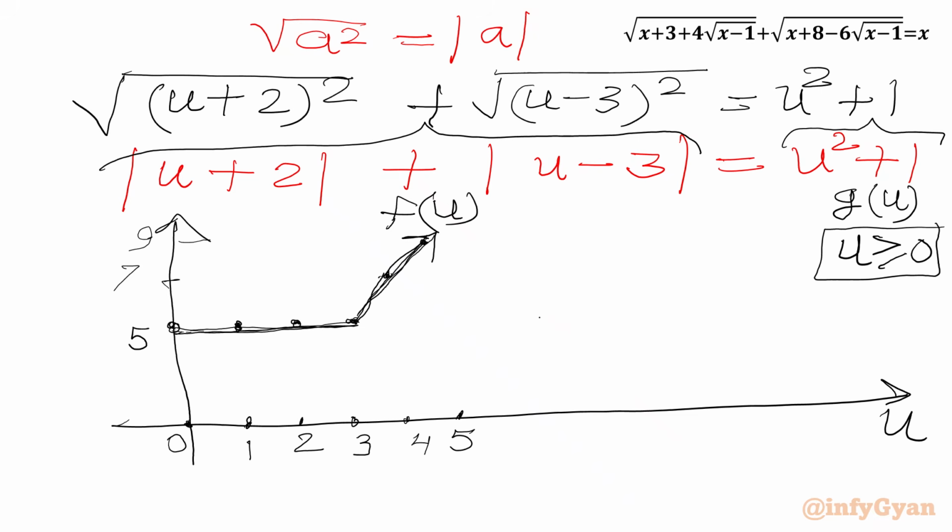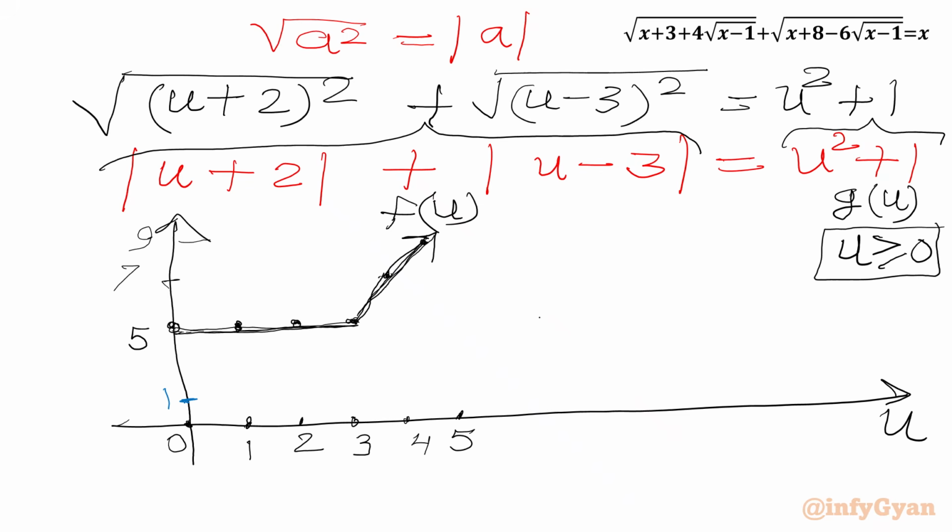Now the turn of g of u, this quadratic expression u square plus 1, a parabola which is shifted 1 unit upwards. If I check values over here, at u equal to 0, value is 1, so we will begin with 1. Now u equal to 1, we are going to get 2.